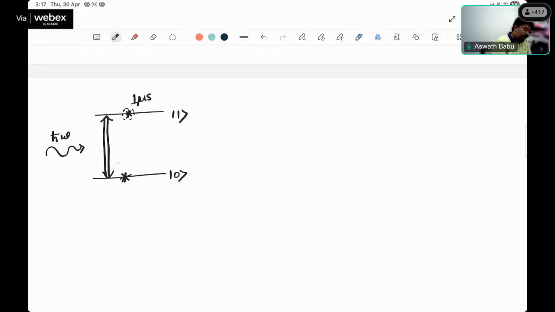So the electron goes and lives there. After 1 microsecond, it probably comes down, and whatever energy it absorbed is emitted out as the same photon. If I leave the system on its own to de-excite after 1 microsecond, that is spontaneous emission.